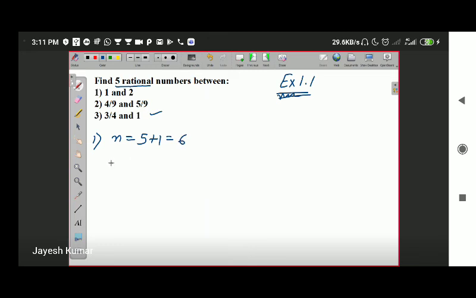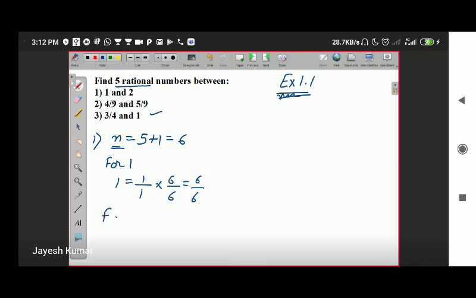Now for 1, we are writing 1 as 1 upon 1 and multiplying numerator and denominator by n. Okay, so this is 6 upon 6.